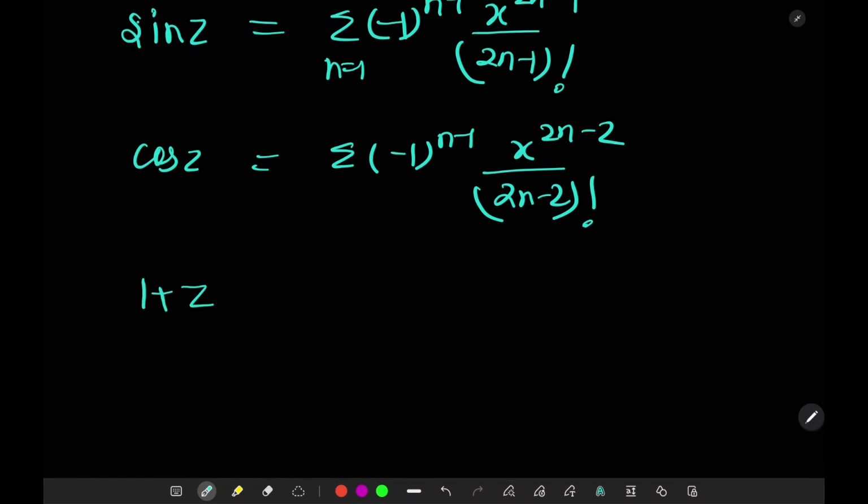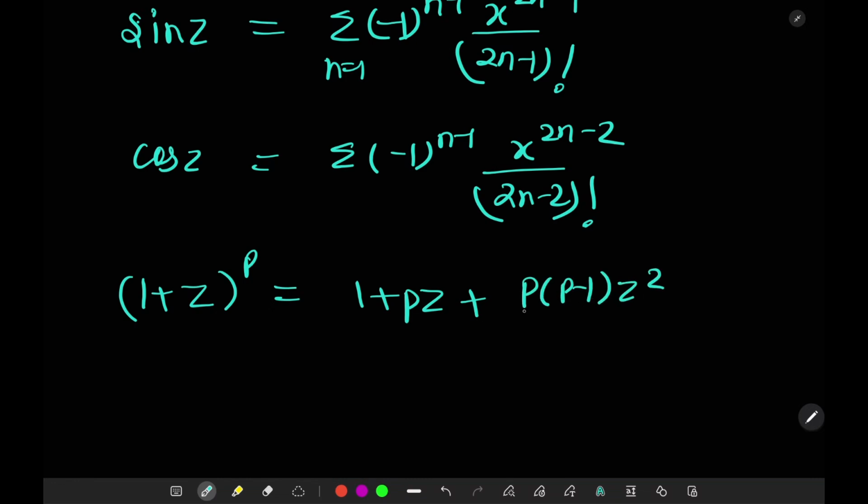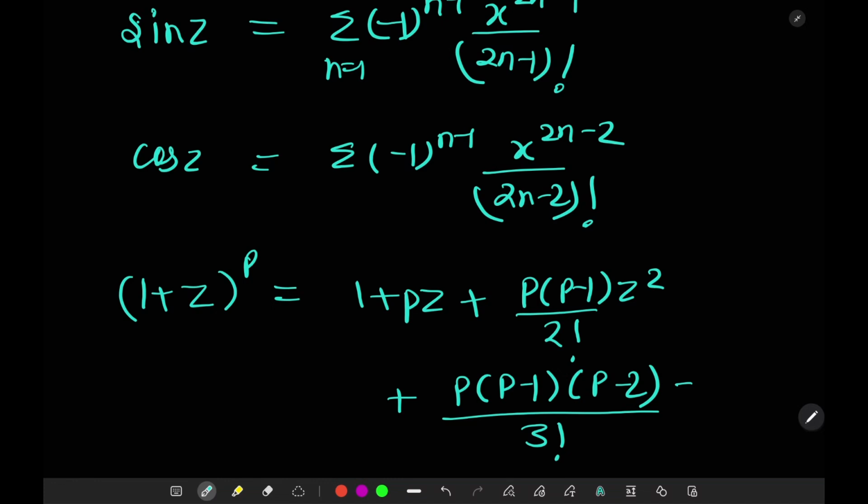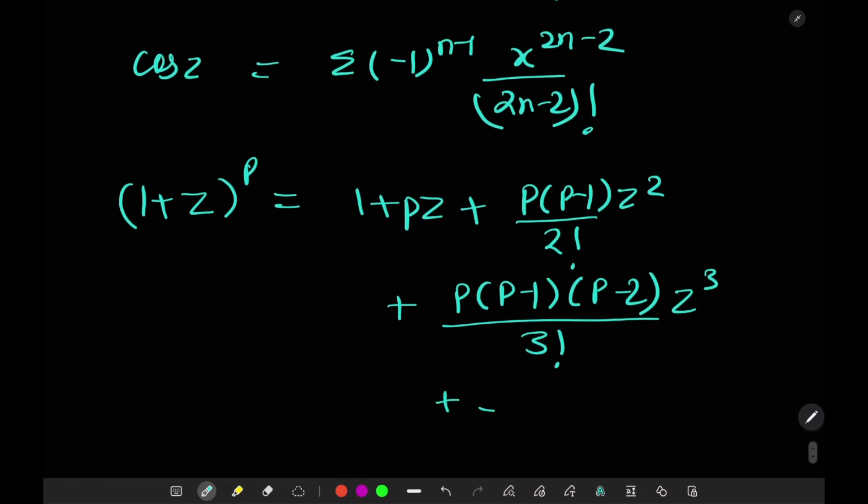And expansion of 1 plus z raised to power p, you can write this, divided by 2 factorial plus p into p minus 1 into p minus 2 divided by 3 factorial z cube, up to so on.